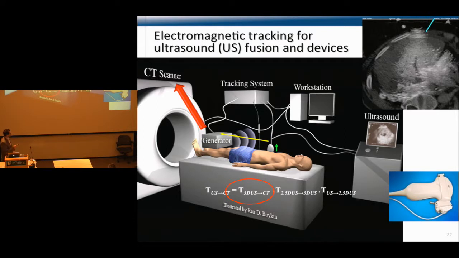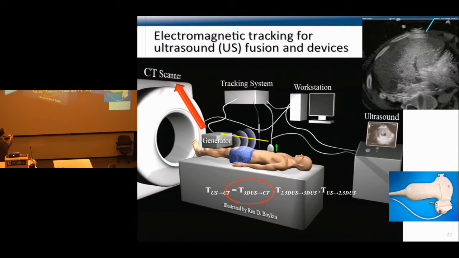And we need a registration procedure to have that correspondence between ultrasound and CT. Here I show the chain of transformations that bring a pixel in the ultrasound image to the CT coordinate system. These two transformations are known. We do a prior calibration to get the mapping from a 2D pixel to the small coil.